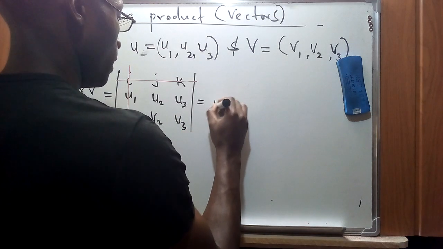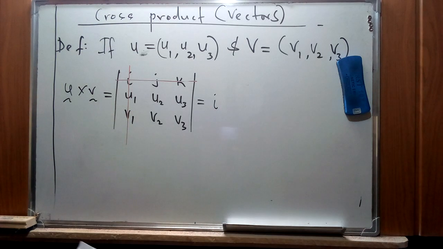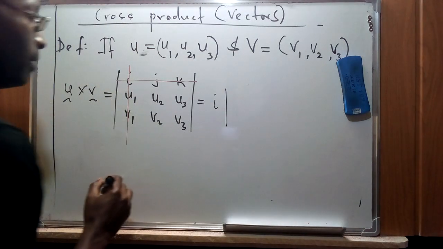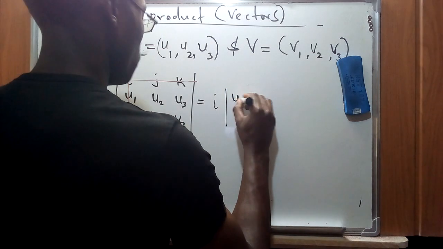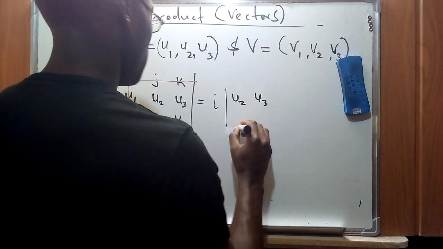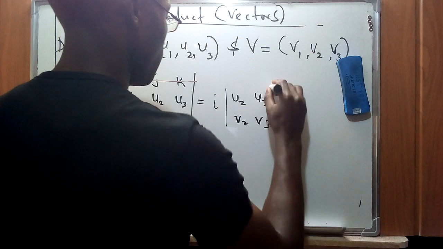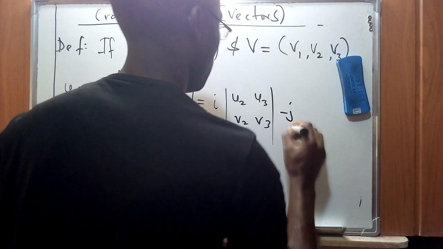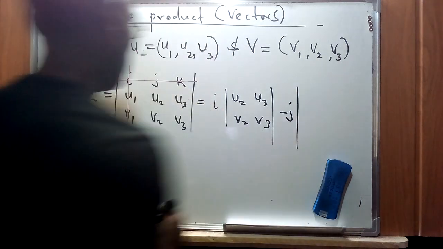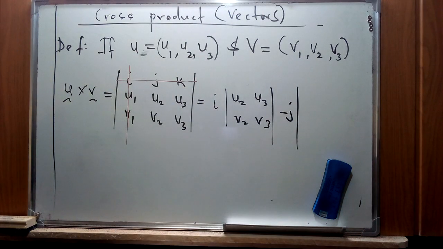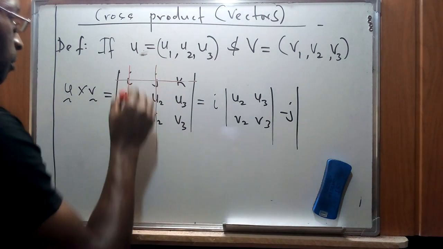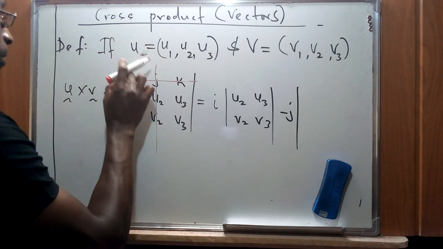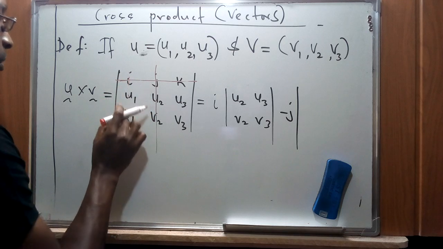So we're going to have the i component represented as the determinant of u2, u3, v2, v3. And then the next one is going to be a minus for the j component, and we're going to find it by ignoring the j column, and therefore we are going to use the remaining components and find the product for that.